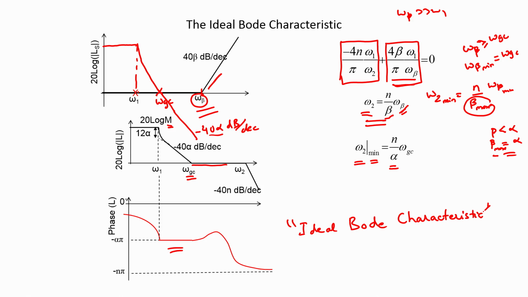That is because it specifies the minimum possible gain crossover frequency, or in other words the minimum possible closed loop bandwidth for a specified performance, namely M units, and for a specified phase margin which has been indirectly specified here by indicating the phase lag to be minus alpha pi beyond the frequency omega 1. So, we determine the minimum possible gain crossover frequency and also the minimum frequency omega 2 up to which we have to maintain the loop shape in order to make sure that our system is stable by the specified amount.